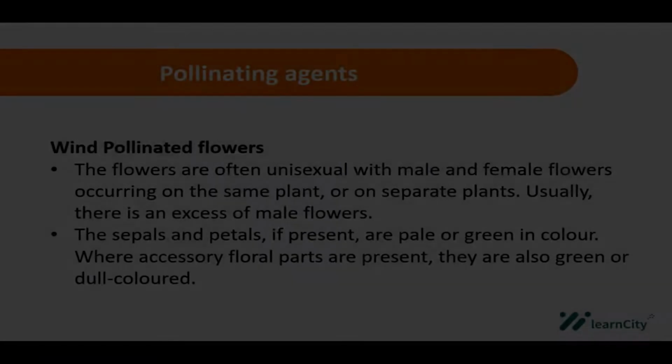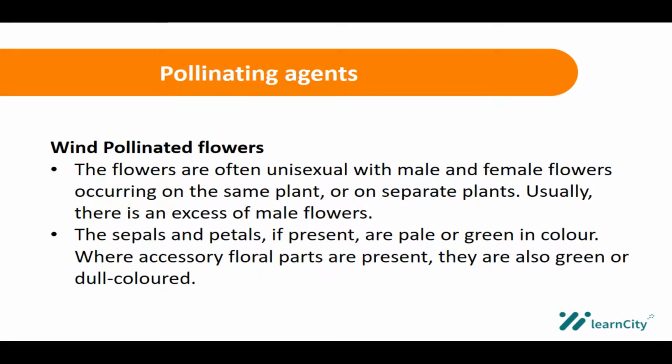Another characteristic is that the flowers are often unisexual, with male and female flowers occurring on the same plant or on separate plants. So we have one flower for each sex, and it could be one plant for each sex or both sexes on one plant. Usually there is an excess of male flowers.